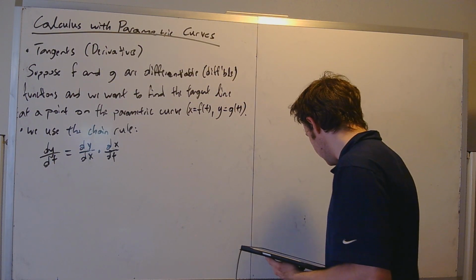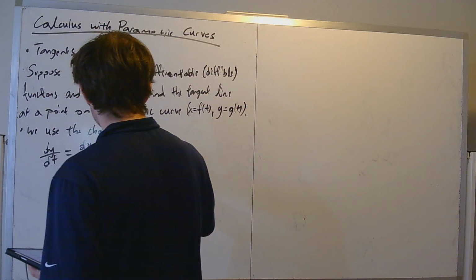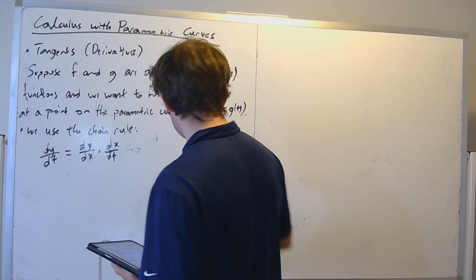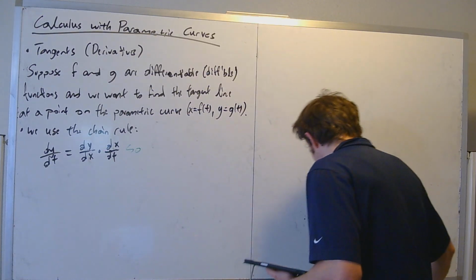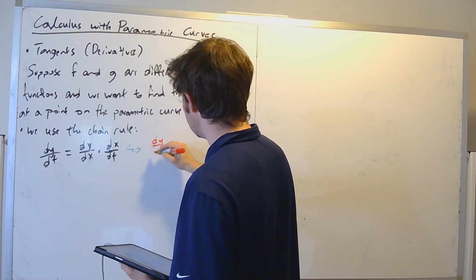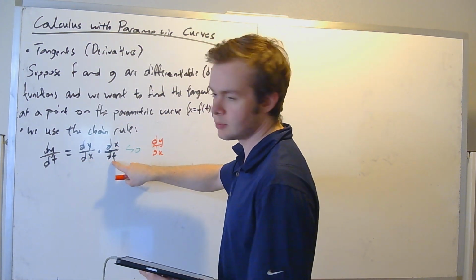And if we go ahead and rearrange this, we're going to get dy by dx, so that's the thing we're interested in. So I'm going to divide both sides by dx by dt.